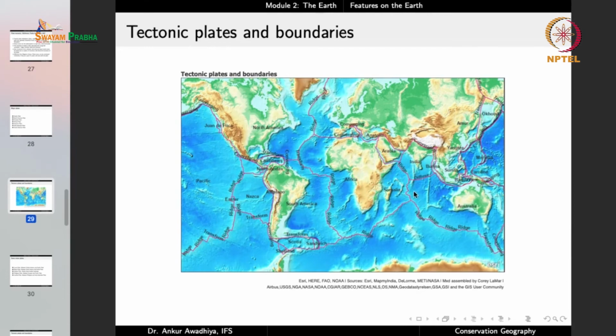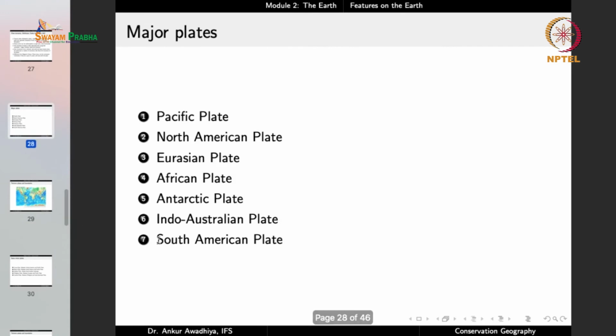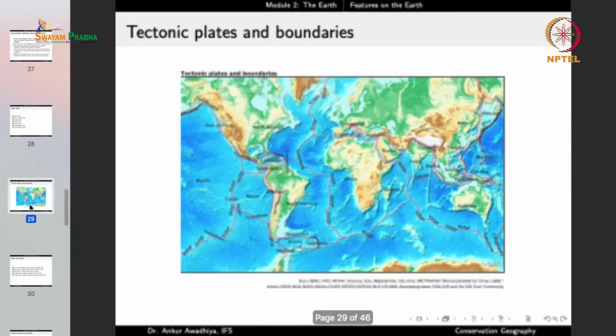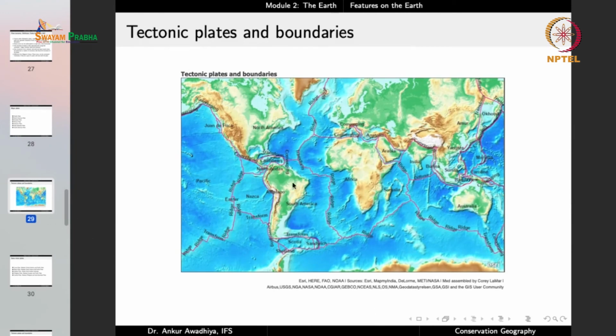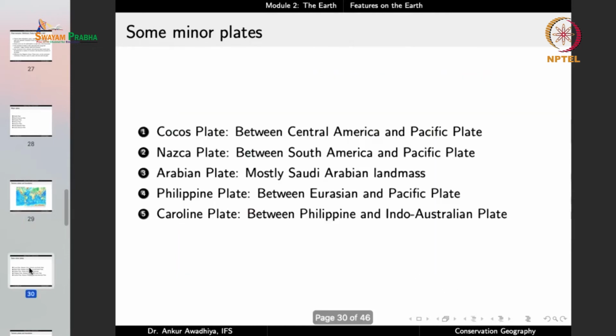Some researchers suggest that both of these are still connected together. Some suggest that these have already divided into two portions. We are not very sure. And you also have the South American plate. So this is the South American plate, which has South America and also some portion of the Atlantic Ocean.